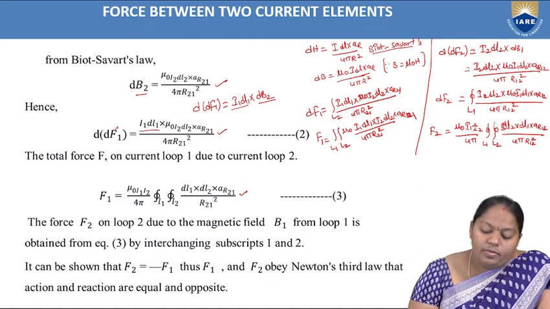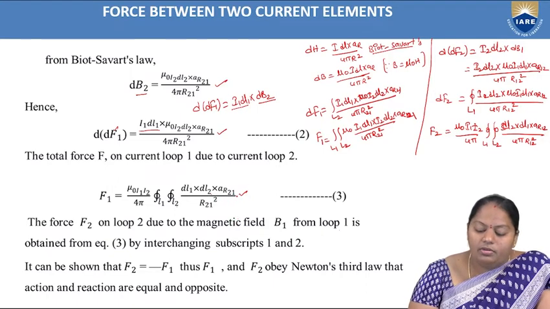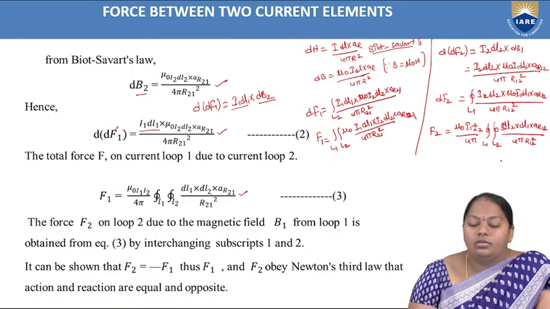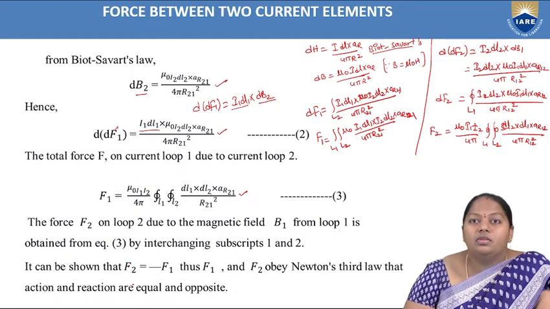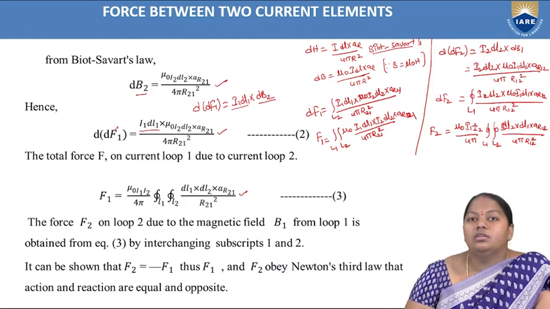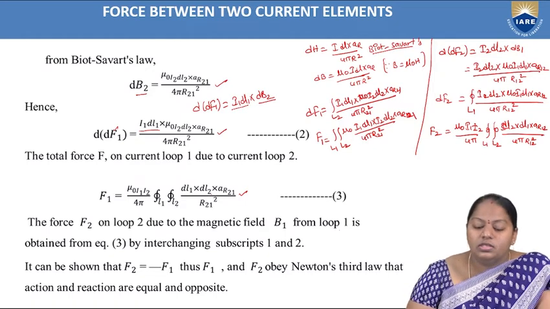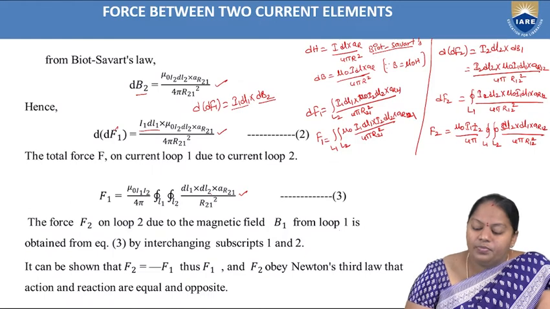So the magnitudes are the same, and the directions in which they act are different, according to aR12 and aR21. Hence, we can say that F2 equals minus F1. That means, according to Newton's third law, action and reaction are equal and opposite in direction. So this is the way we have got the force experienced between two current elements as the first case.